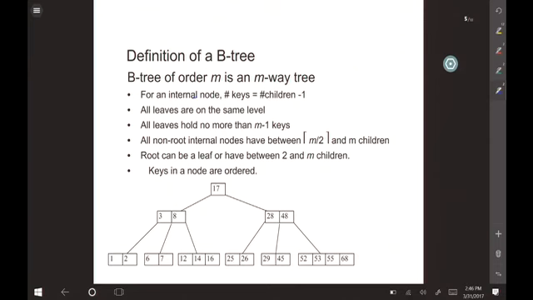Now, think about what this says. It means that those mid-level nodes, and this actually applies to the leaves too in a slightly different way, are at least half full, and no more than full, right? This is an artifact of the splitting, because think what happens when these things fill up.